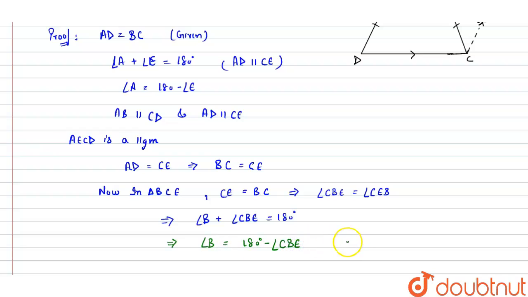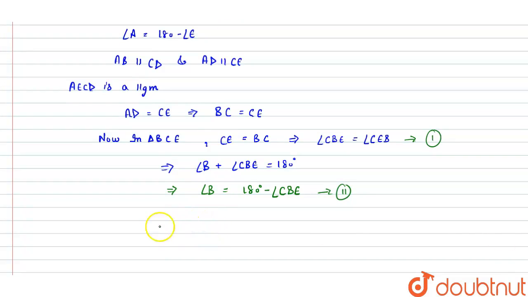This one is the first equation, and this one we can take as the second. So using the first and second equations, we can write angle B is equal to 180 degrees minus angle CEB. This is our third equation.